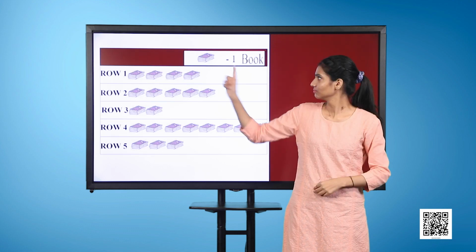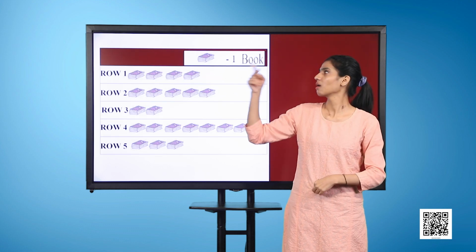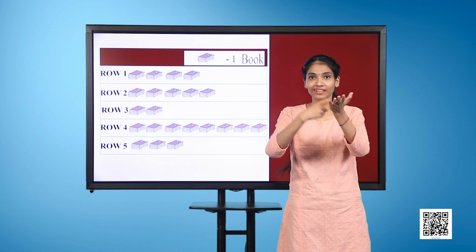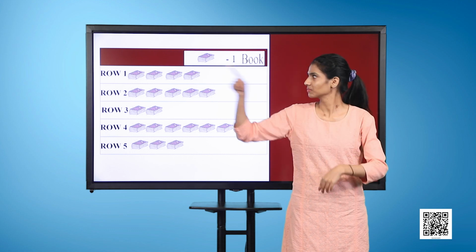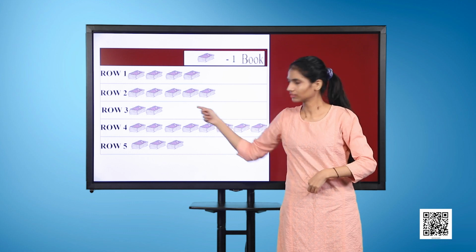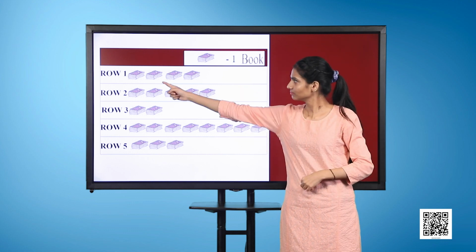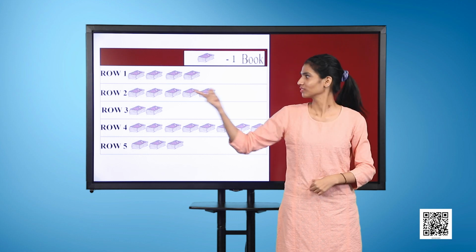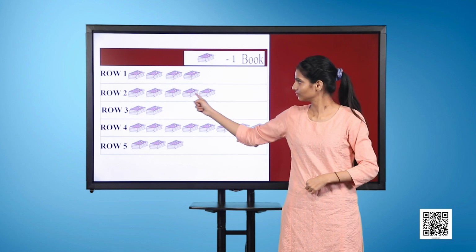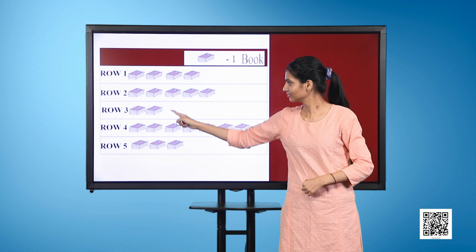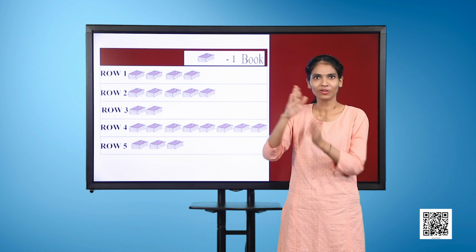The details are indicated in the adjoining table. We have the picture of a table with column 1 as rows and column 2 as number of books. Row 1 has 4 books, row 2 has 5 books, row 3 has 2 books, row 4 has 8 books, row 5 has 3 books.